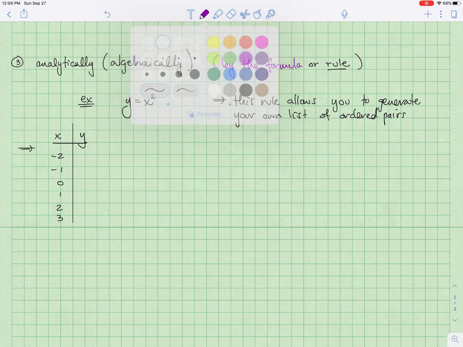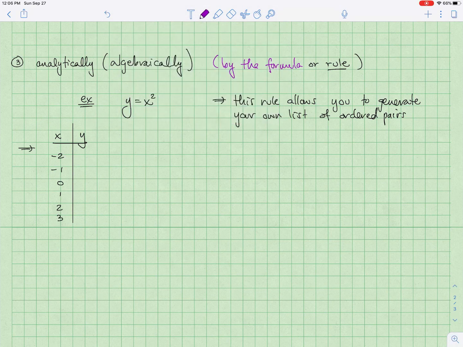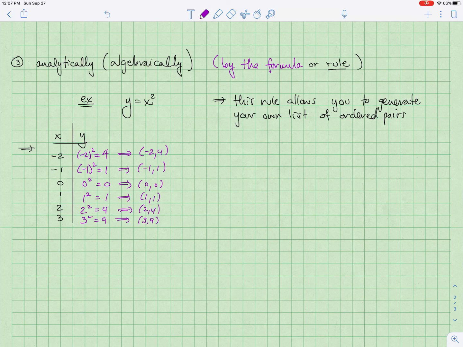And then, of course, you can go through here and take the x value and say, well, y is then negative 2 squared, which is 4, negative 1 squared, which is 1, 0 squared, which is 0, 1 squared, which is 1, 2 squared, which is 4, 3 squared, which is 9, and that turns these into the ordered pairs, negative 2, 4, negative 1, 1, 0, 0, 1, 1, 2, 4, 3, 9.